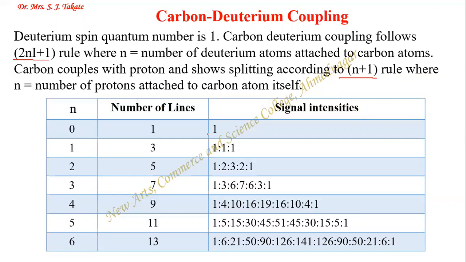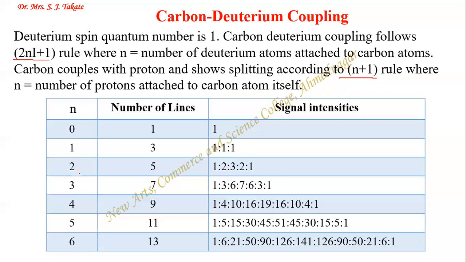If one deuterium is attached to the carbon atom, then we get three lines of intensity 1:1:1, that is, an equal intensity triplet is observed. If I put n equal to 1 here, I get 2 times 1 times 1 plus 1, which is 3, that is, a three-line splitting pattern with equal intensity.